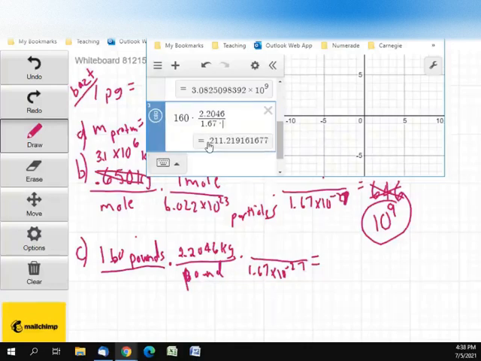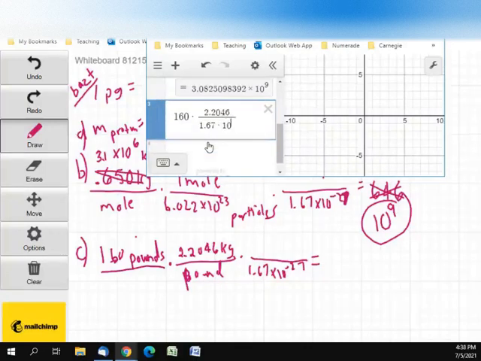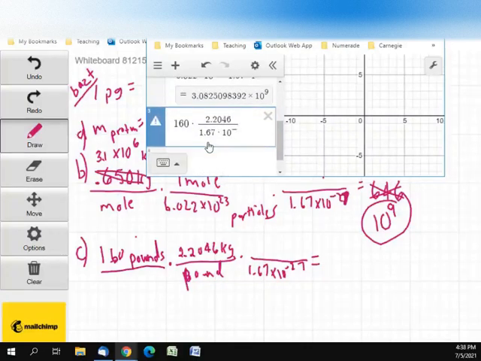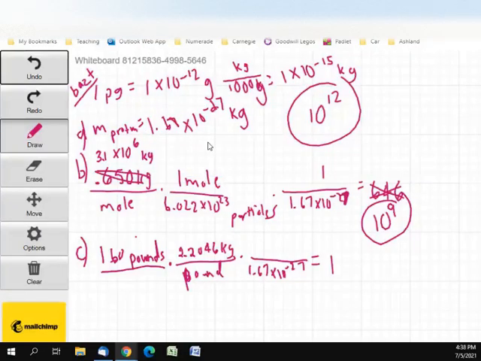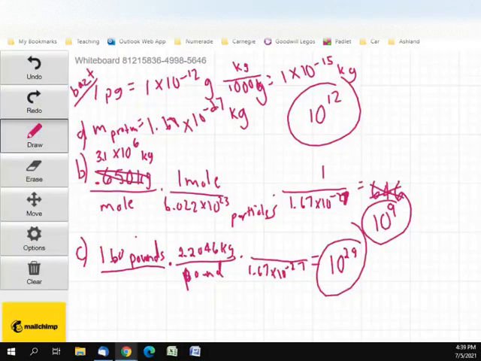Divide by 1.67 times 10 to the negative 27th power. So that would be 10 to the 29th power protons and neutrons.